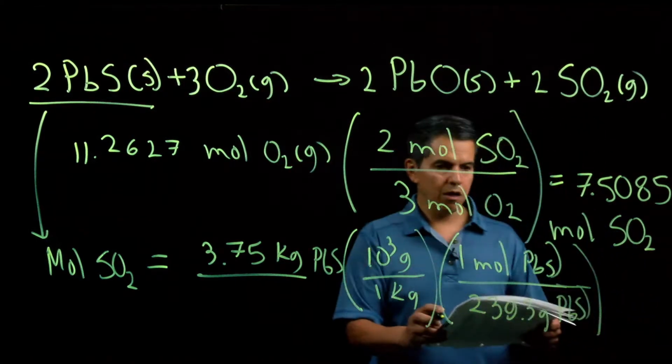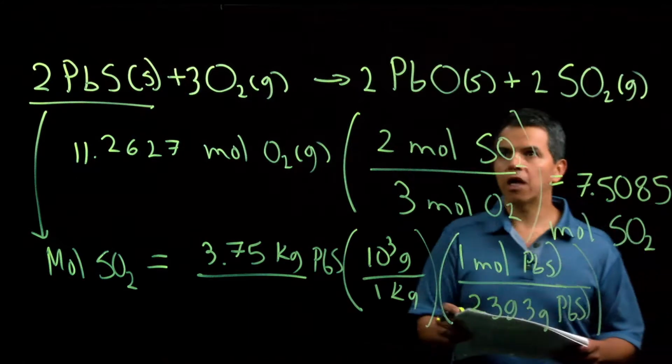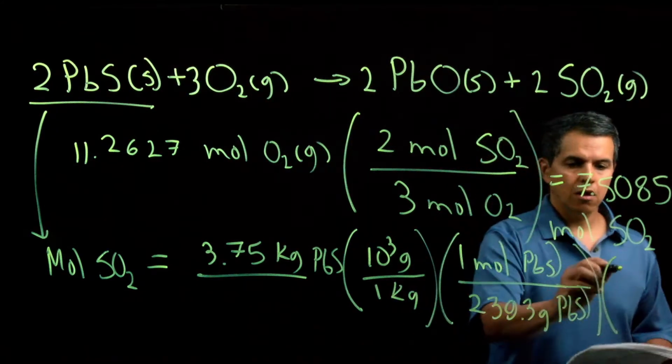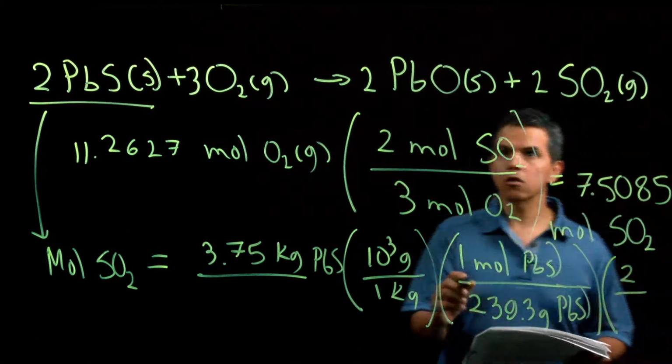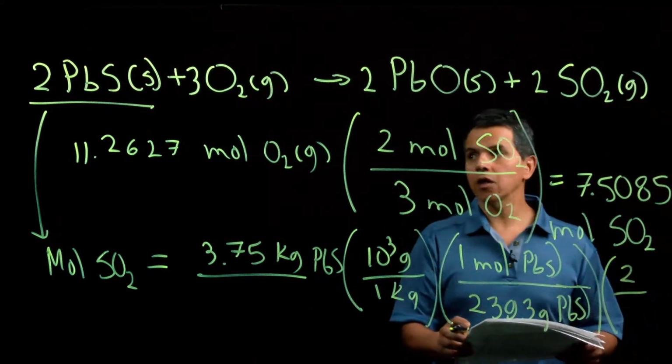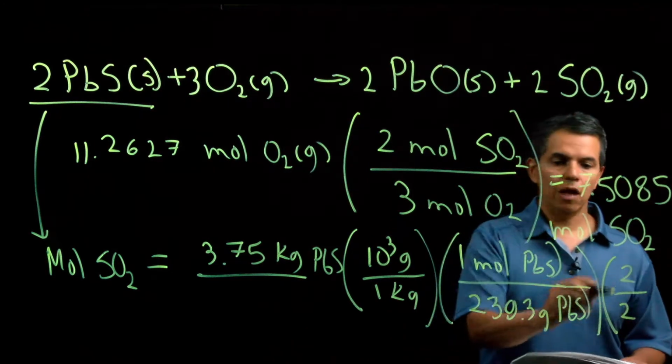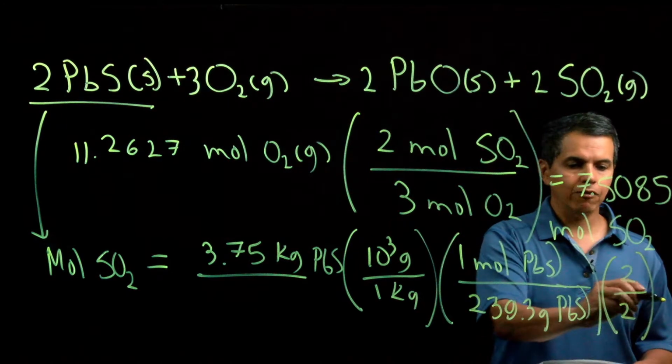And finally, we are going to multiply by the stoichiometry of the reaction, which basically is 2 moles of sulfur dioxide per 2 moles of lead sulfide. I would not put it here because we are running out of space.